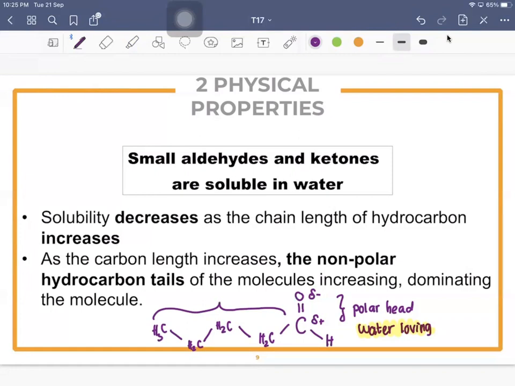So this non-polar hydrocarbon tail is water hating. This explains why the smaller the molecule, the happier it is to dissolve in water.